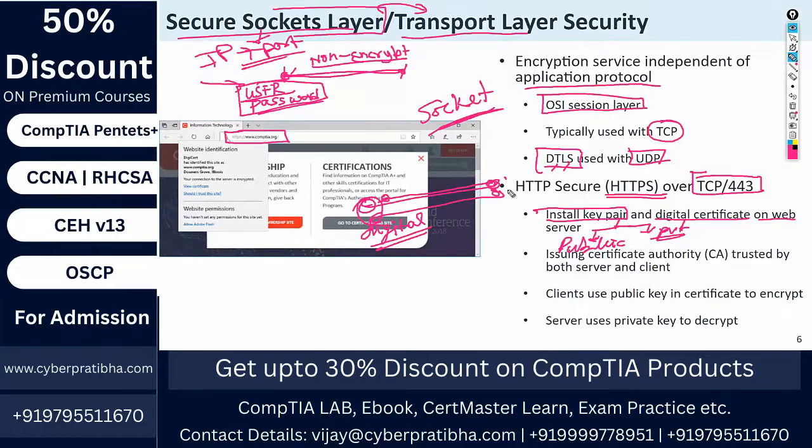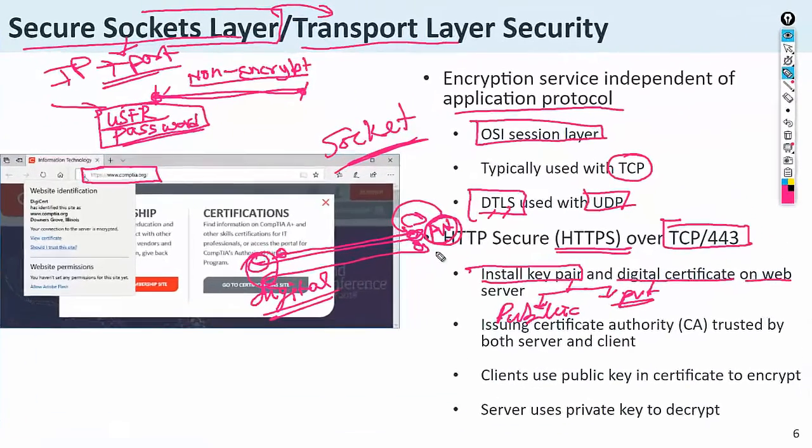The server will use its private key to decrypt and read it, and when it sends data back, it will encrypt the data using the private key. When the data comes to your browser, it will use the public key or the digital certificate to decrypt the data. And again, before sending data, the browser will encrypt the data, then transit it over the network.